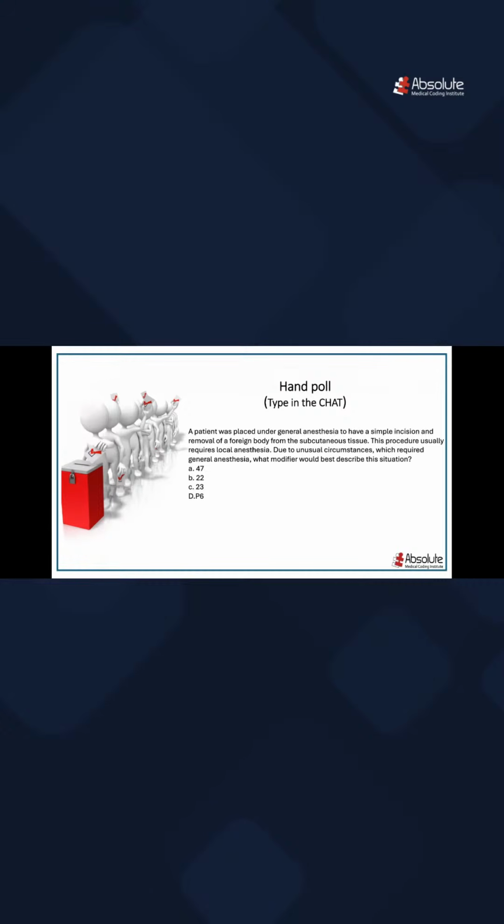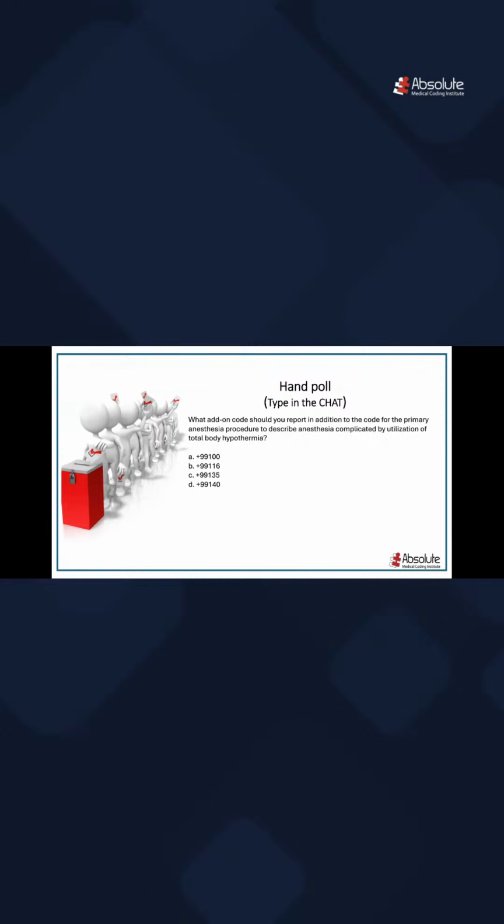All these guidelines we reviewed just before. And the correct answer is, yes, unusual circumstances. You use the 23 modifier. Sorry, that's for unusual anesthesia. All right. Good, great. I see your answers now. Fantastic job. Let's go to the second one.